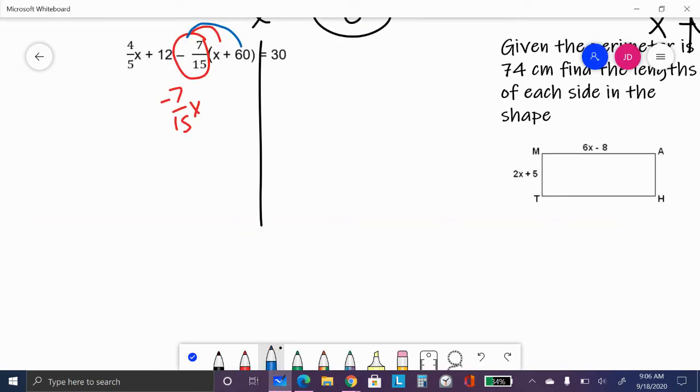So this is negative 28, and I'm going to bring everything else down. Now notice, when I add and subtract fractions, we know these are like terms right here, but you do need a common denominator. So instead of 4/5, you have to see a common denominator. 5 goes into 15 3 times.